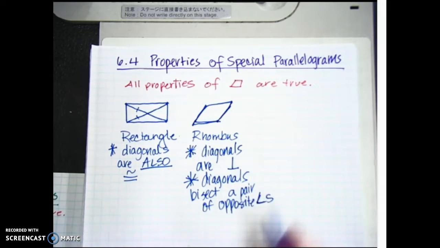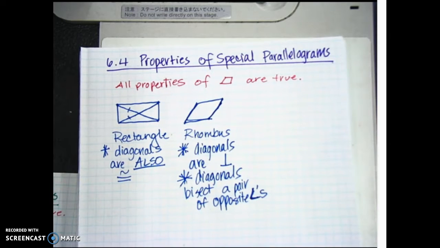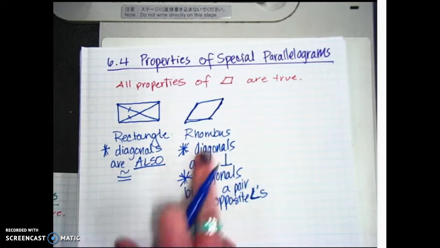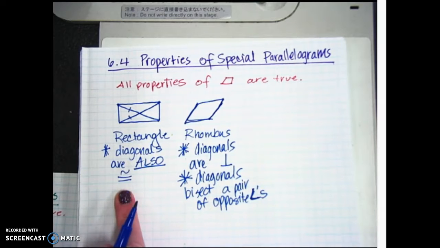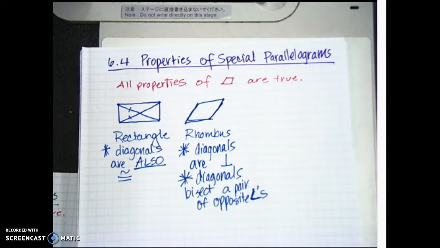And I'm just going to use the angle symbol. That's the angle symbol. Just draw a little angle, put a little S after angles. So all of these special properties have to do with the diagonals. On the rectangle, they're also congruent. On the rhombus, they not only bisect each other, but they are perpendicular. And they bisect the angles.